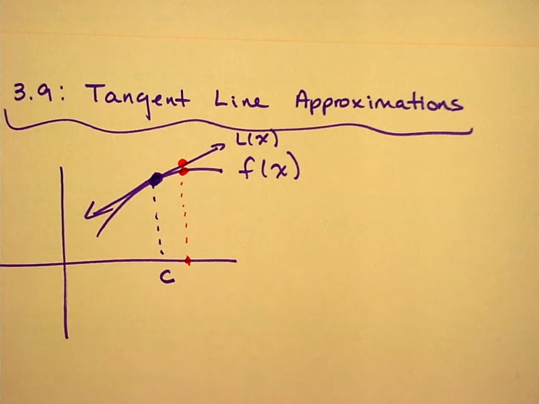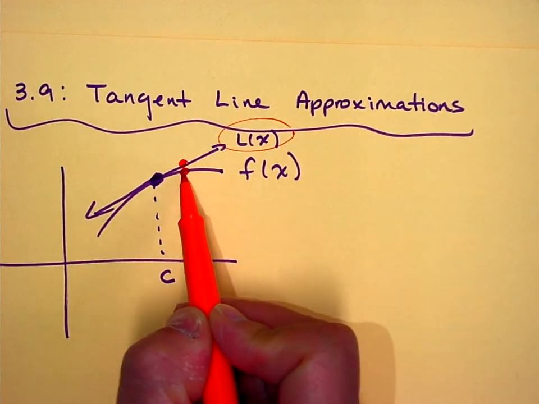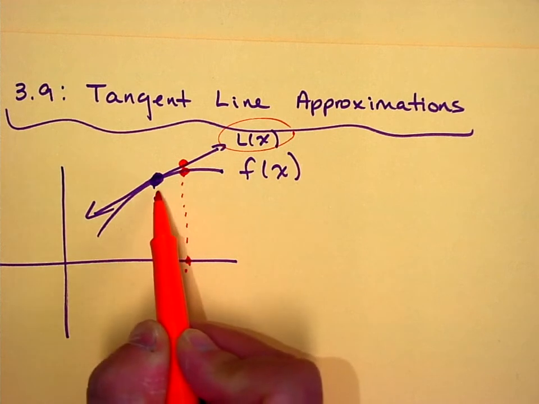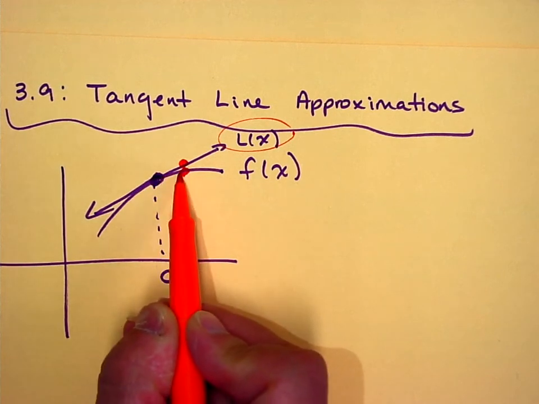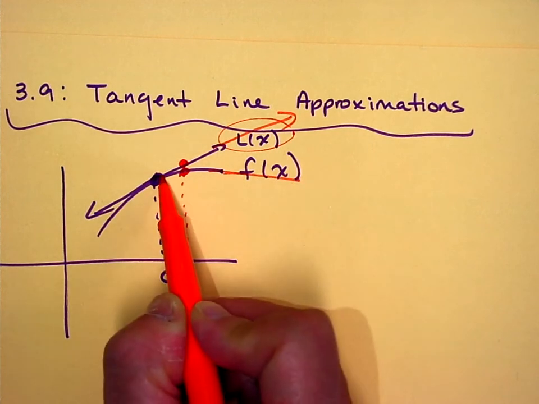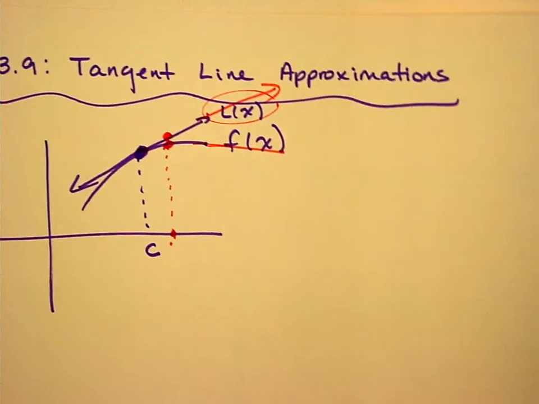So if I can come up with the tangent line, I can come up with a decent approximation to the function as long as the point of tangency is very close to that value you're trying to approximate. You can see as I get further and further away from that point of tangency, the approximation is going to get worse and worse. So we're going to use a simple function like a line to approximate the y value of a more complicated function.